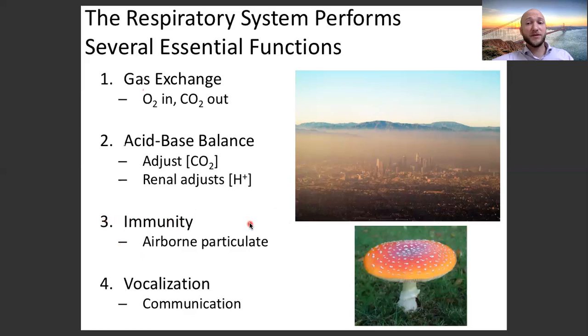Also, our respiratory system is damp and dark and warm. It's got great conditions for many bacteria to thrive. So we need a very strong immune presence because it has a lot of ideal characteristics for the growth and propagation of bacteria.